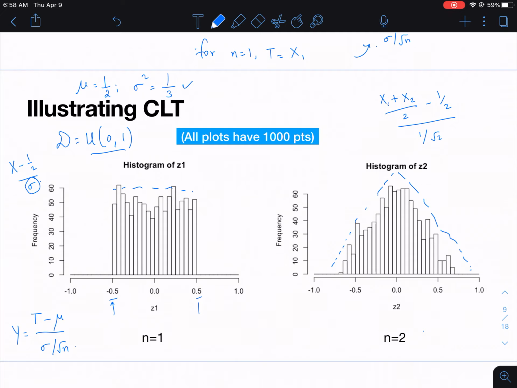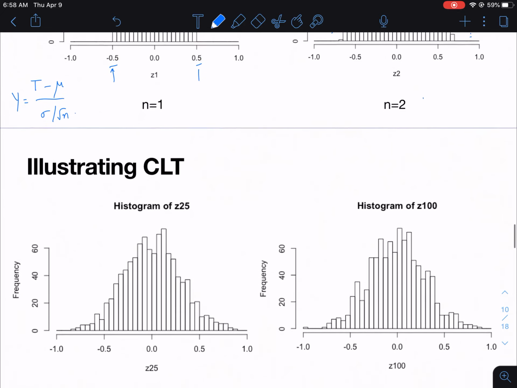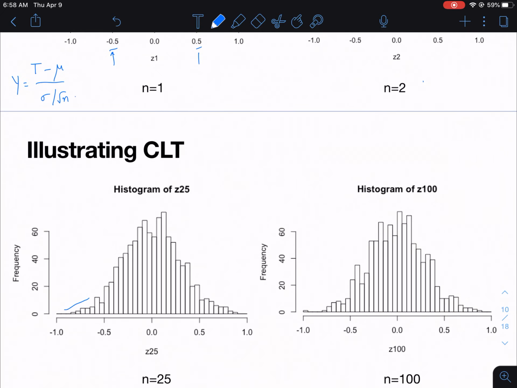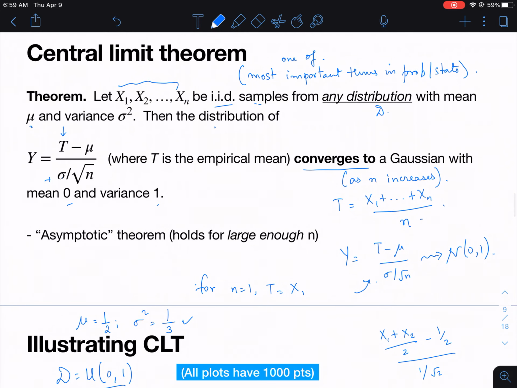Now you do this for a higher value of n, let's say n equals 25. Already you see a little bit of curvature, and this looks like a Gaussian. And if you do n equals 100, this becomes much nicer. This becomes basically like samples from a Gaussian. And this is what the central limit theorem tells us: if you take larger and larger n's and compute this parameter Y, you end up converging to a Gaussian. So what's the significance of this? We'll see that in a minute.